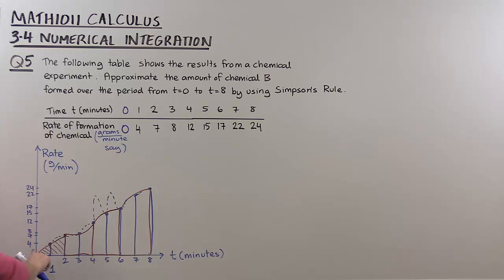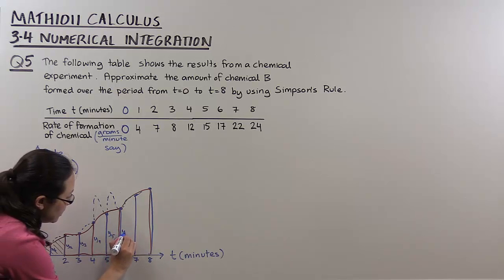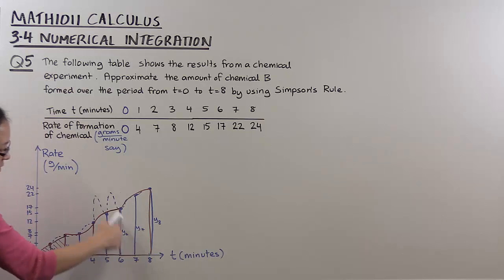I'm going to label these function values. I might label them y0, y1, y2, y3, y4, y5, 6, 7 and 8. So they're the function values at each of the points that we have.